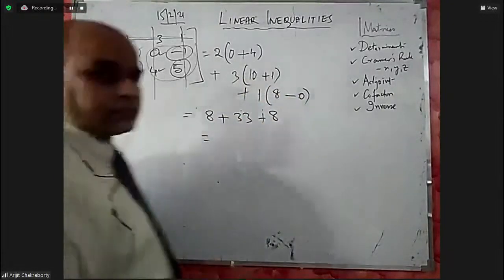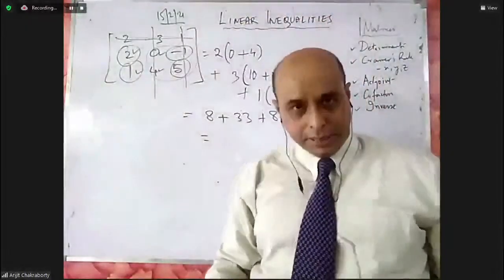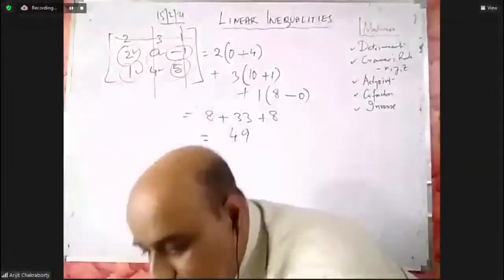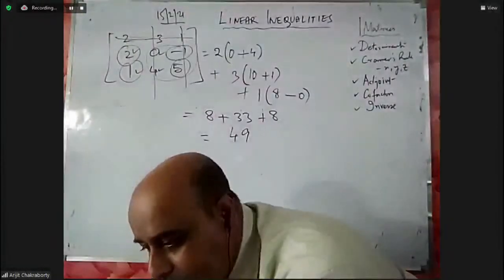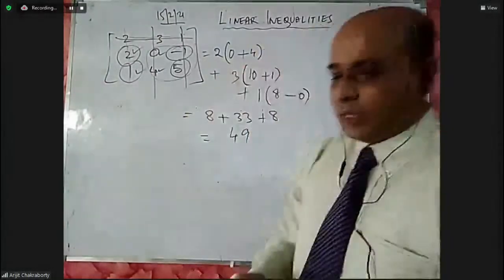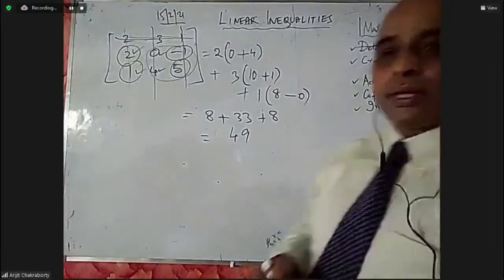So I'm getting 33 plus 8, that is 33 plus 16, which gives me 49. I think some of you might have also got the same answer, right? 49. Good.